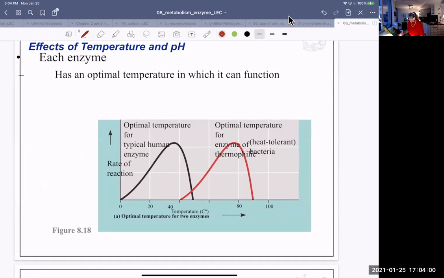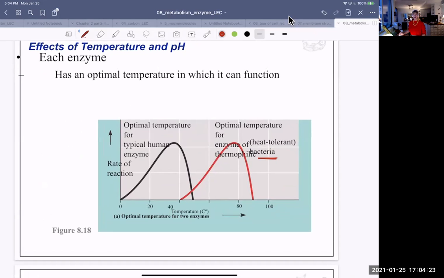But there are bacteria that live at the bottom of the ocean at the hydrothermal vents of the mid-Atlantic ridge, basically volcanic, super hot. In the hot springs in Yellowstone National Park, bacteria live there. Why? Their enzymes work at that temperature.